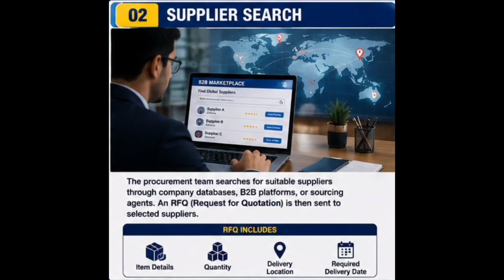Your procurement department will send RFQs, requests for quotation, to different suppliers. The RFQ will include the details of the item, like which items they need, what quantity is required, and where the delivery location will be.